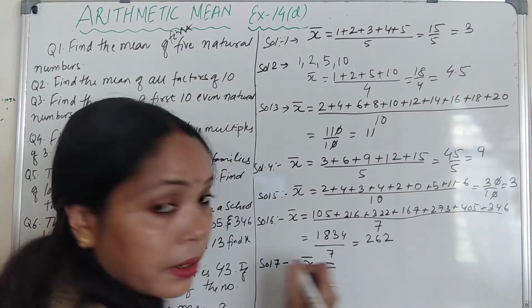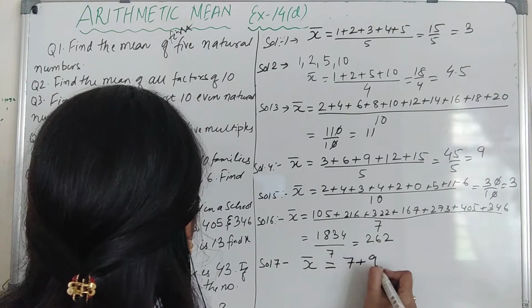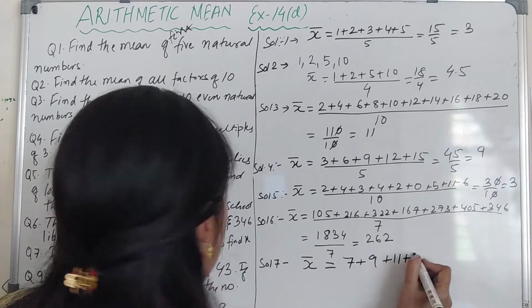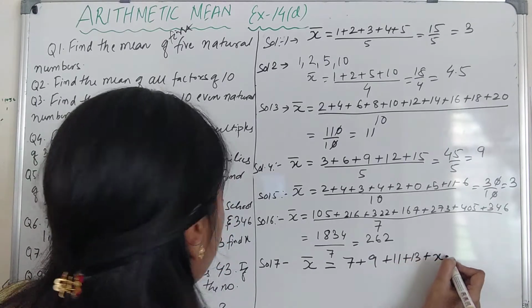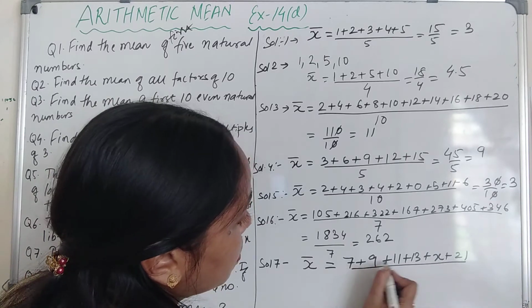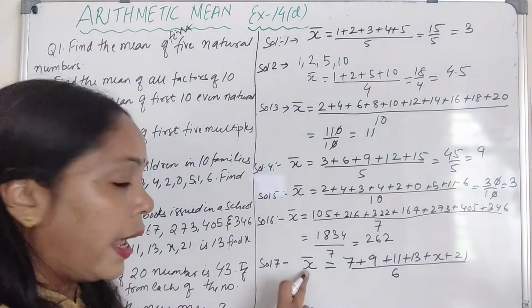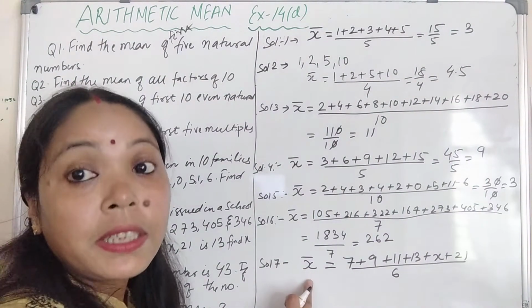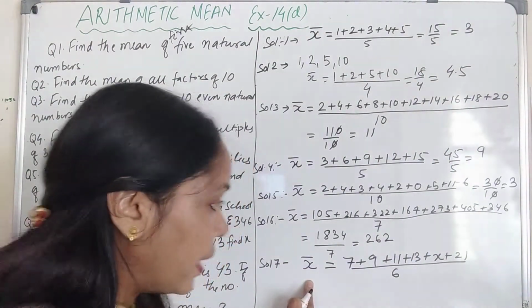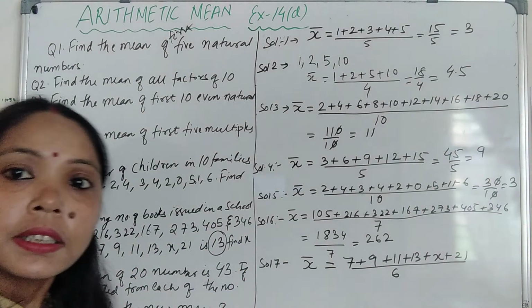X bar is equal to, write down the numbers: 7 plus 9 plus 11 plus 13 plus x plus 21 divided by 1, 2, 3, 4, 5, 6. Okay. Now x bar, the mean, is given as 13.